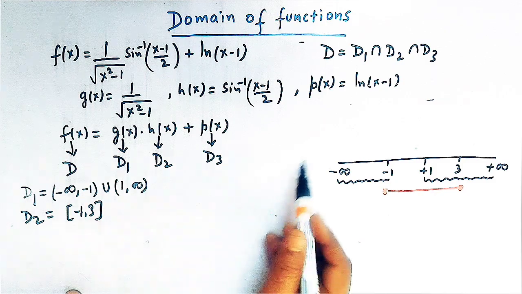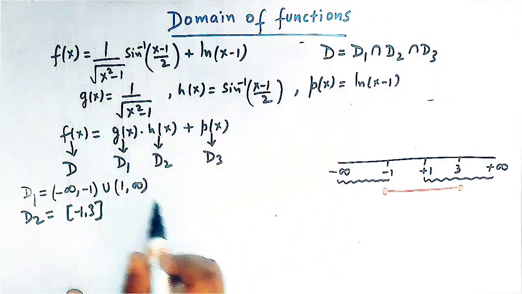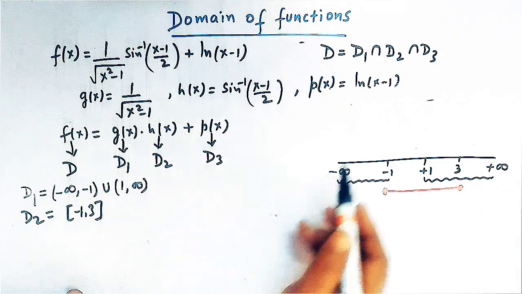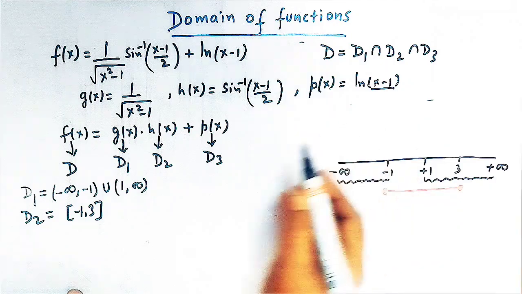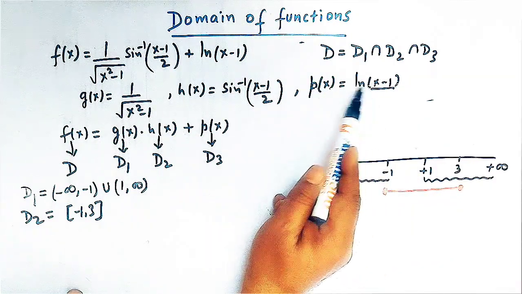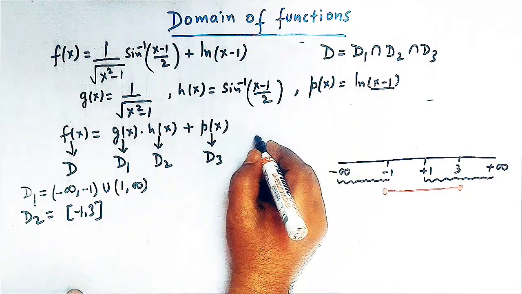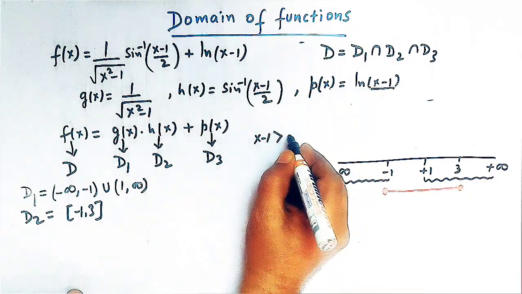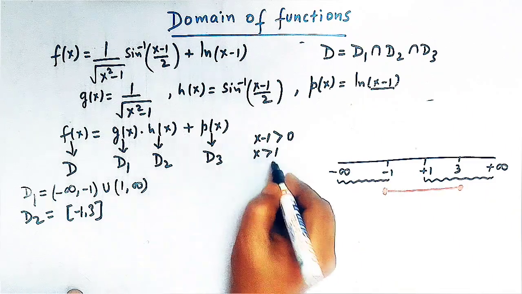So now let us find out the domain of the function p of x, that is natural log of x minus 1. Now see, here we have natural log of x minus 1, and the valid values of x for which the natural log of x minus 1 is defined is given by x minus 1 should be greater than 0, right? So x should be greater than 1.